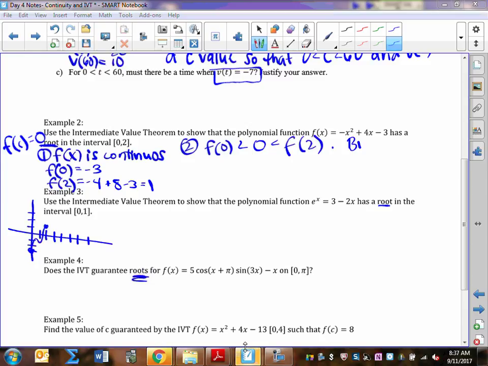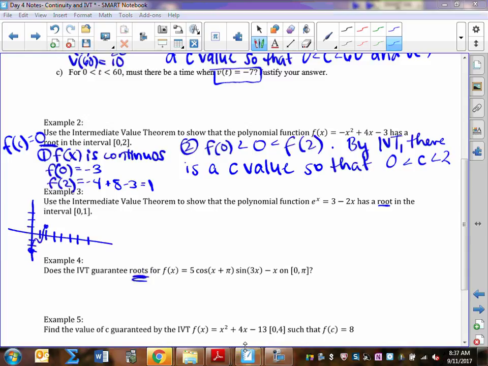So by IVT, there is a c value so that c is between 0 and 2 and f of c is 0.